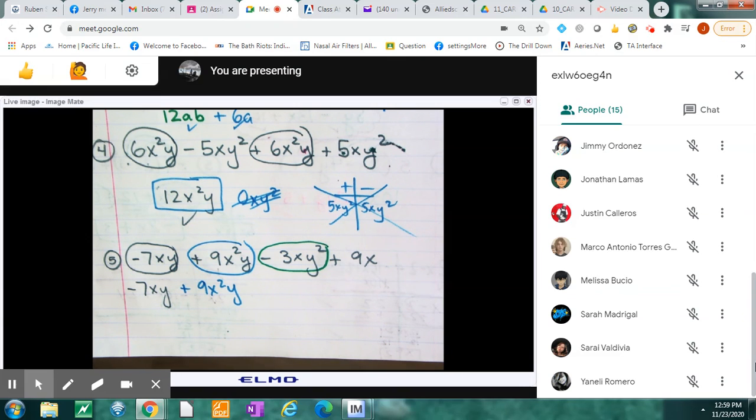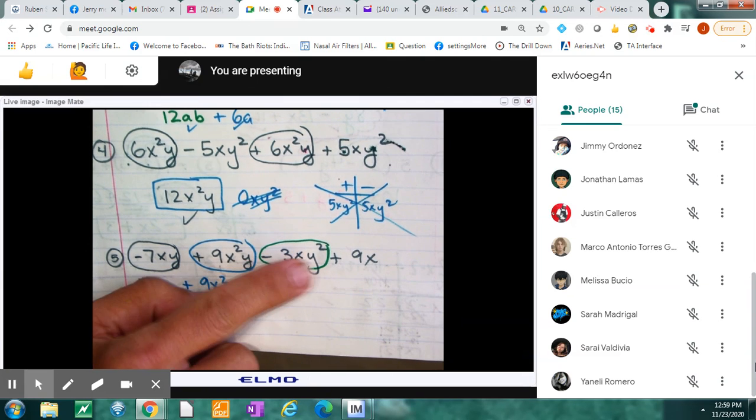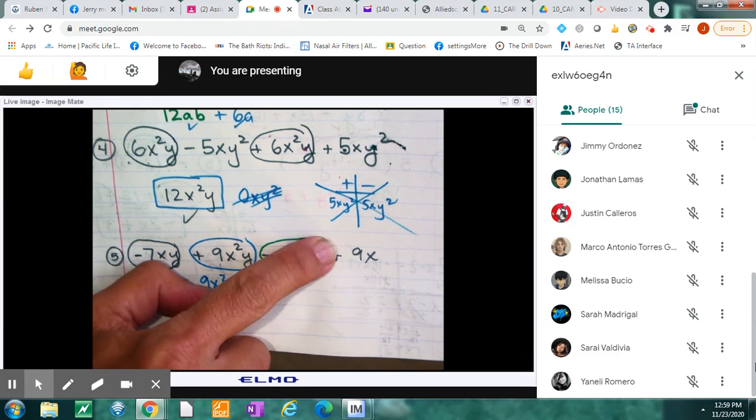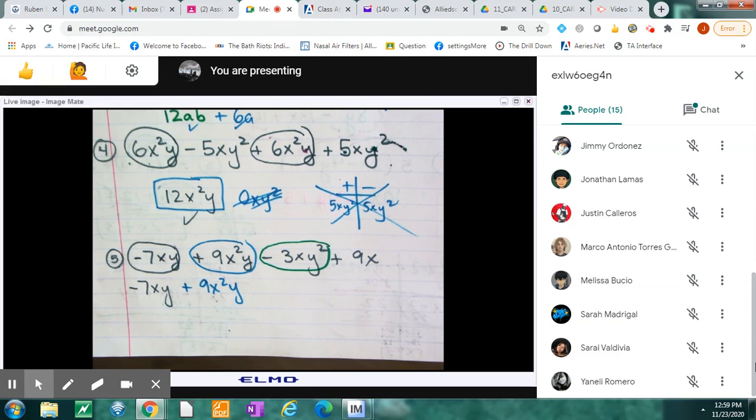Ah, oh yeah, I was going to write your name down. So here we go. You said 9x, but is the xy squared the same as x? Jonathan, is xy squared the same as x?